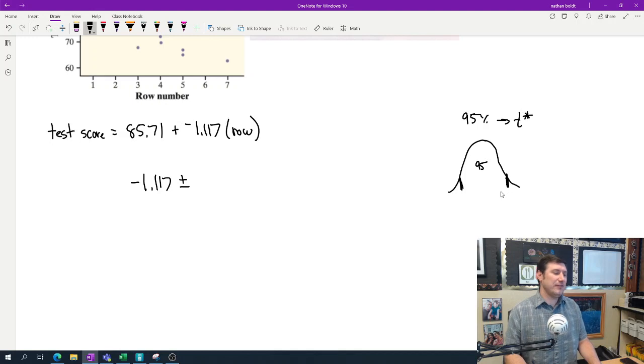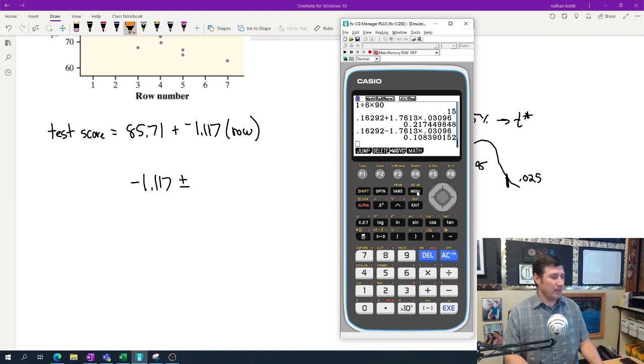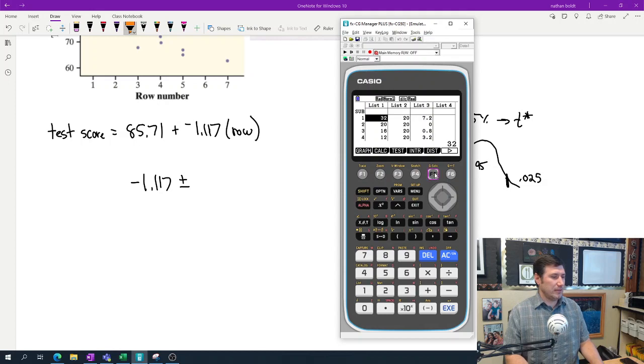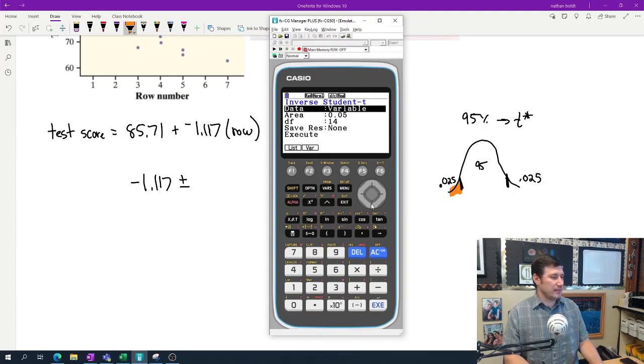So if that's 95%, that means this is 0.025, 2.5% on each tail. And so when I inverse T this, that is going to be my boundary. Distribution, inverse T. Let's see. My area is 0.025.